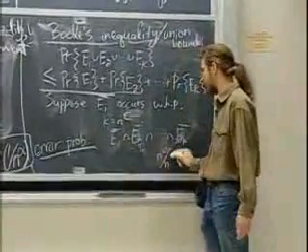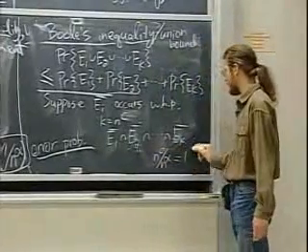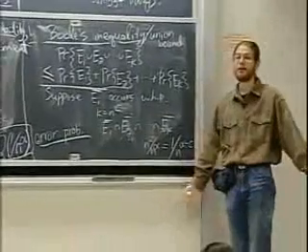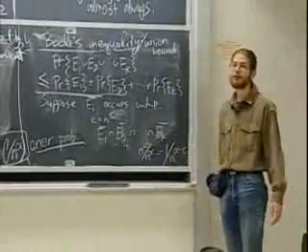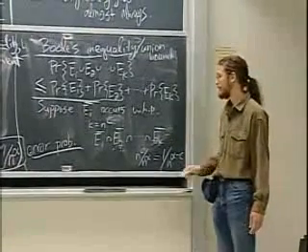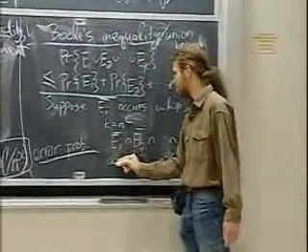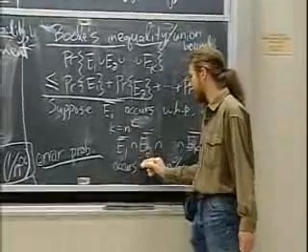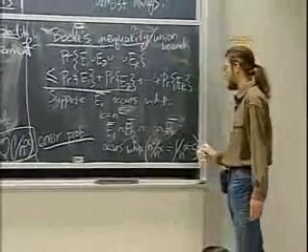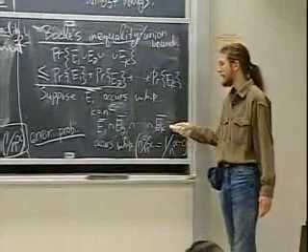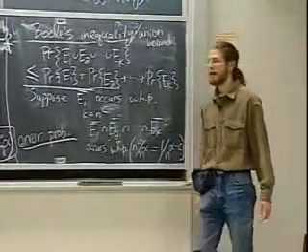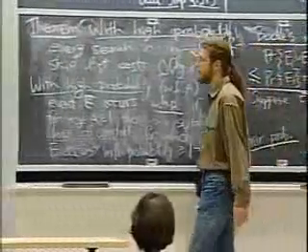I get n to the c over n to the alpha, which is 1 over n to the alpha minus c. I can set alpha as big as I want. So I set it much, much bigger than c, and this event occurs with high probability. I made a mess here, but this event occurs with high probability because of this. Whatever the constant is here, however many events I'm taking, I just set alpha to be bigger than that, and this event will occur with high probability too.